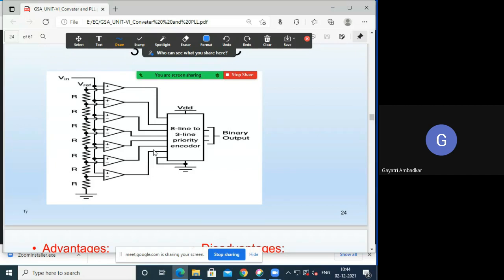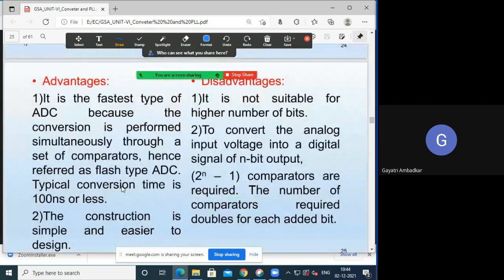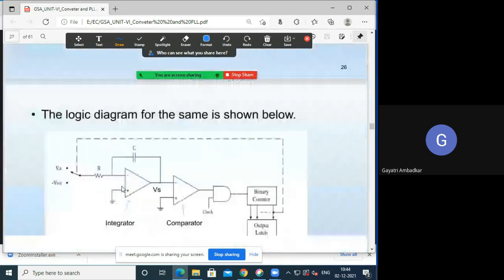So it is the fastest ADC among all. What is the advantage? Its speed is very high. But the problem is that the number of comparators is very high. If you want 32-bit, you can imagine how many comparators are needed. Therefore, we prefer another type of ADC.